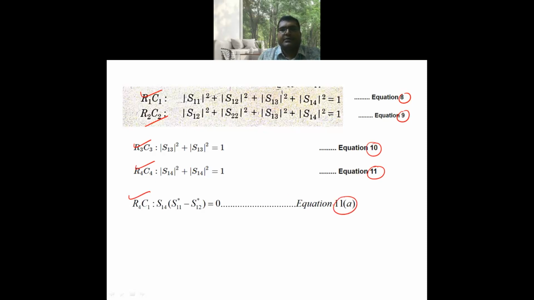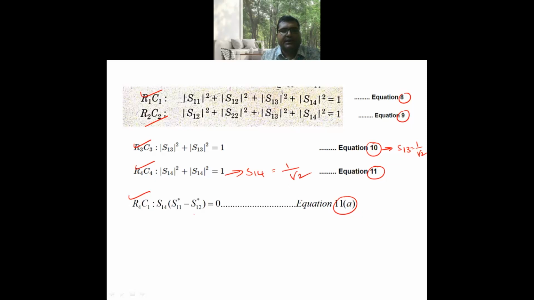Here you can observe, from equation number 10 you can determine the value of S13 as 1 by root 2, and the value of S14 as once again 1 by root 2.